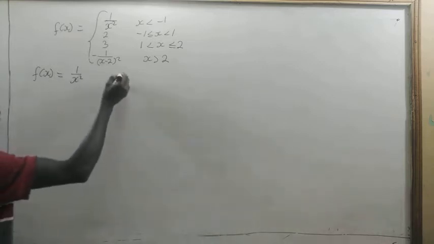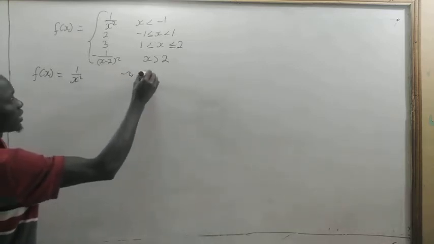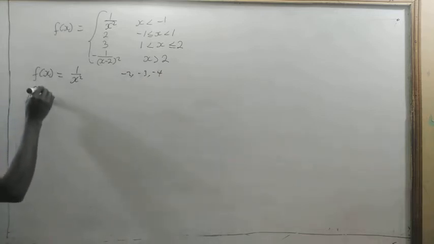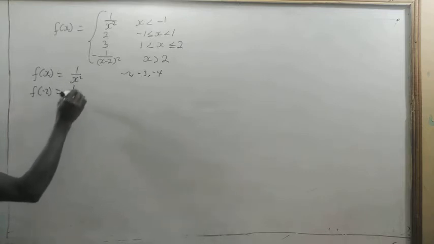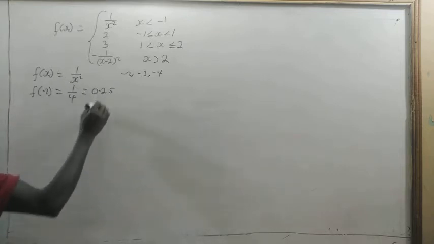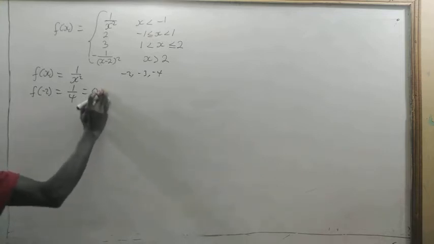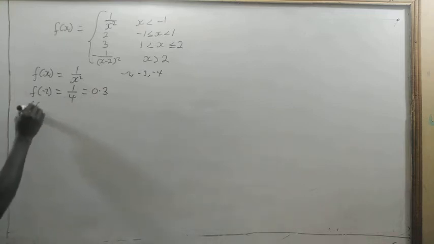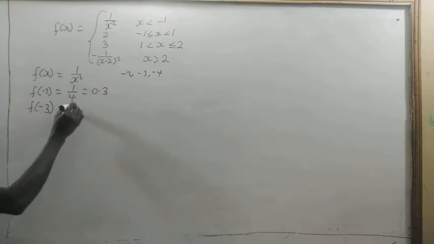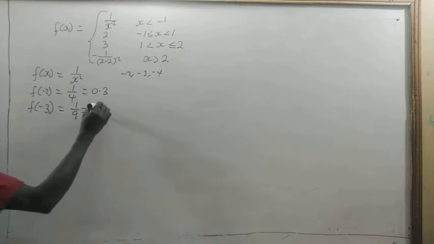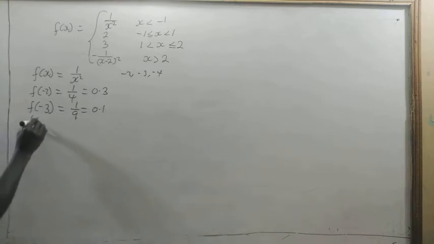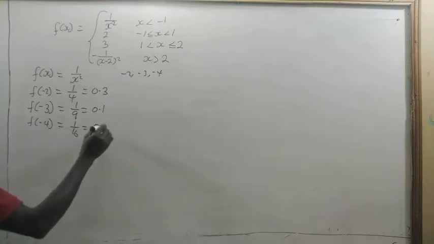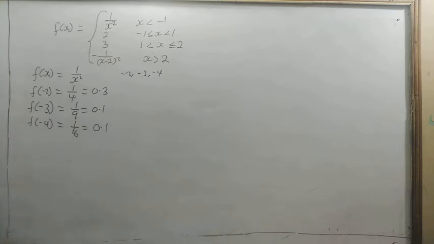So let's assume these values: -2, -3, and -4. f of -2 will give us 1 out of 4, that's 0.25, and let's approximate it to 1 decimal place, that is 0.3. f of -3 will give us 1 out of 9, that is 0.1. f of -4 gives us 1 out of 16, and that will be 0.0625, so that is 0.1.